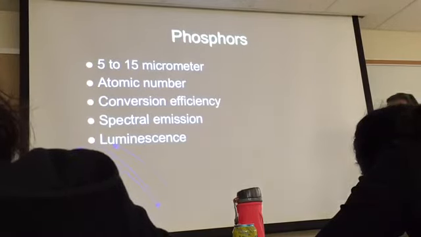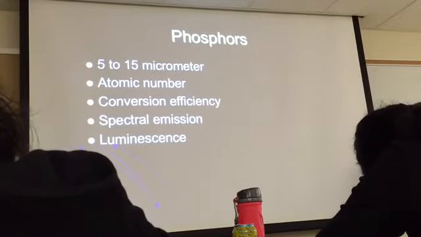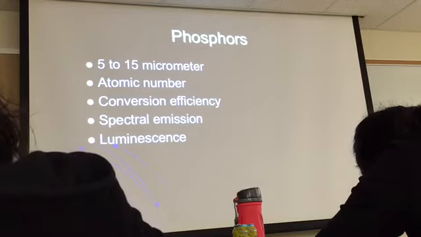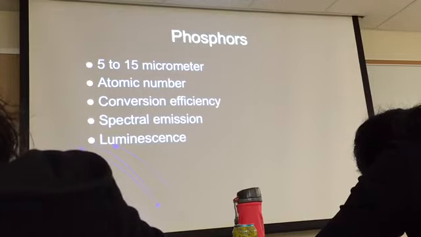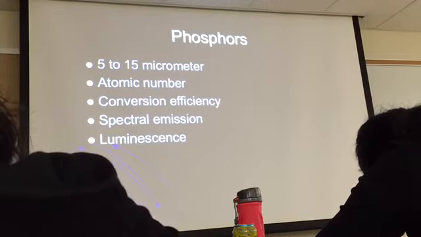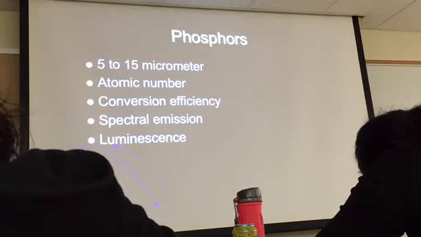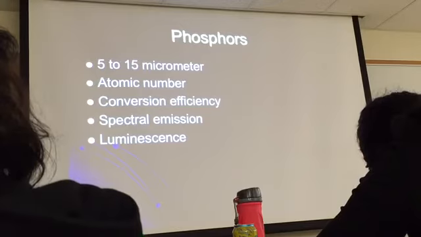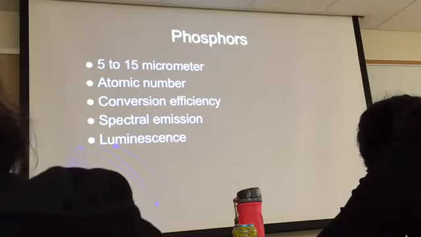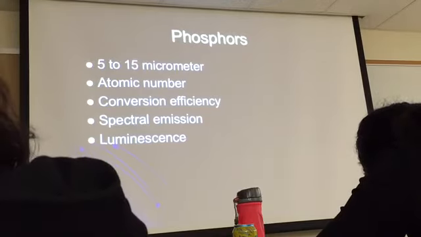It is the ability of some atoms to emit light in response to excitation. So all these phosphors have to be able to emit light in response to the absorbance of X-rays. That's called luminance.